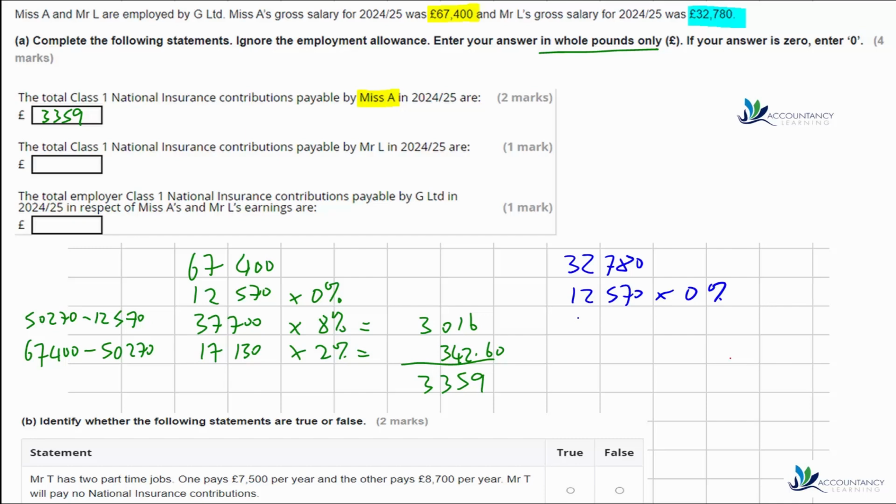So we've got 20,210, and that's going to be taxed at 8%, which is £1,616.80. So again, rounding, it's going to be 1,617. Remember that 20,210 is the difference between the salary, 32,780, and the first threshold.